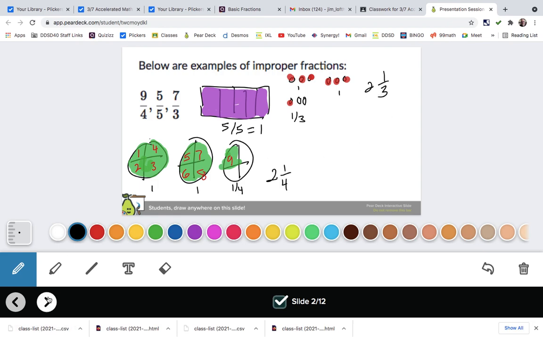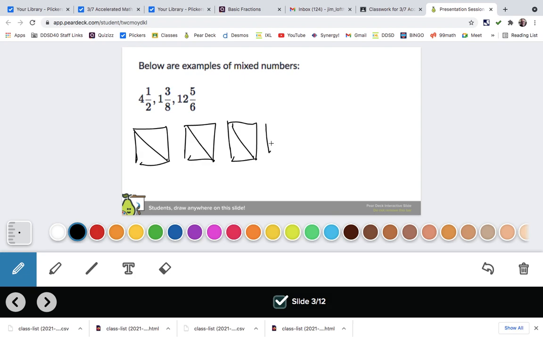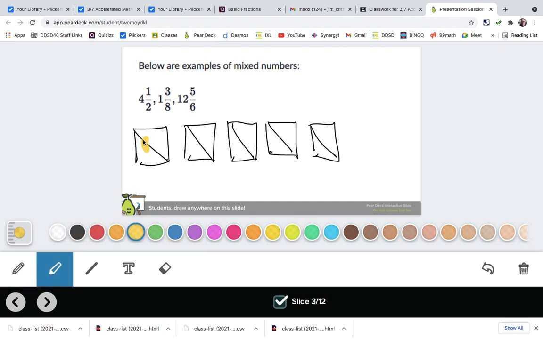And then we went to this page where we had to go the other direction. So I'm going to make halves. So I'll just cut it in half like that. So there's the 4 for the 4 halves. But I need one more. As you'll see, I have 4 to shade in. So there is 1, 2, 3, 4, and then just half of it.